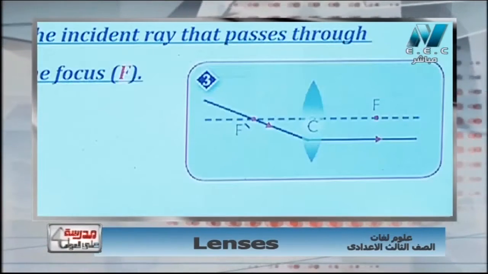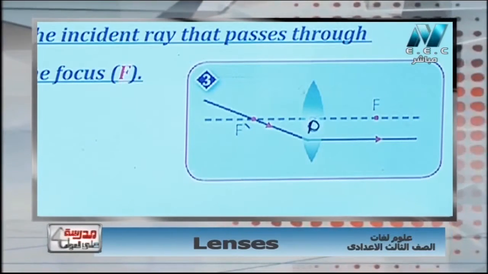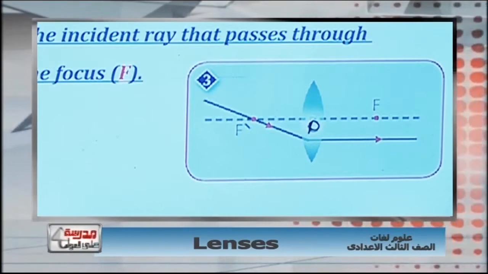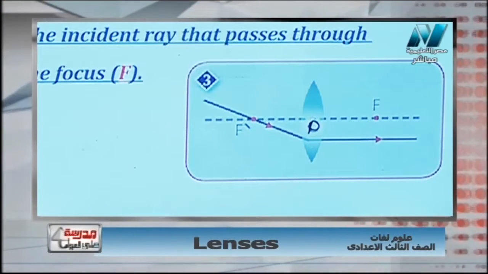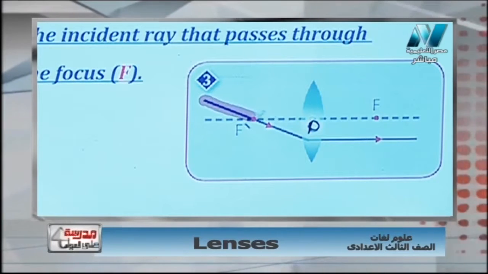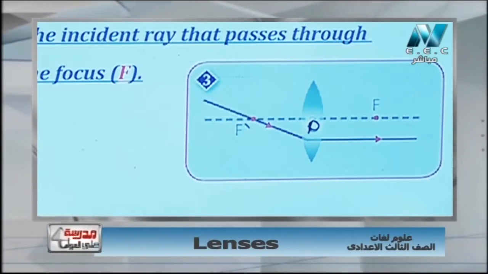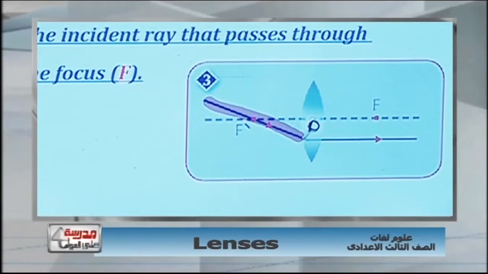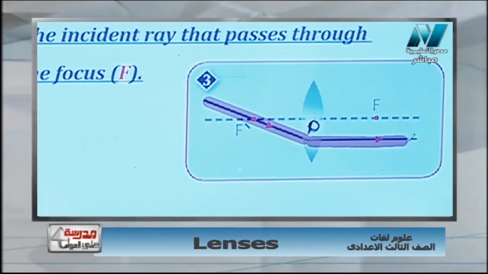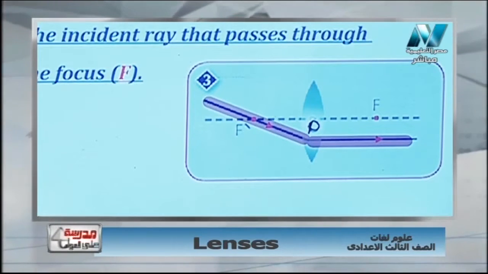And here we have rule number three: if the light ray passes through the focus, in this case it will refract parallel to the principal axis, as we see here.